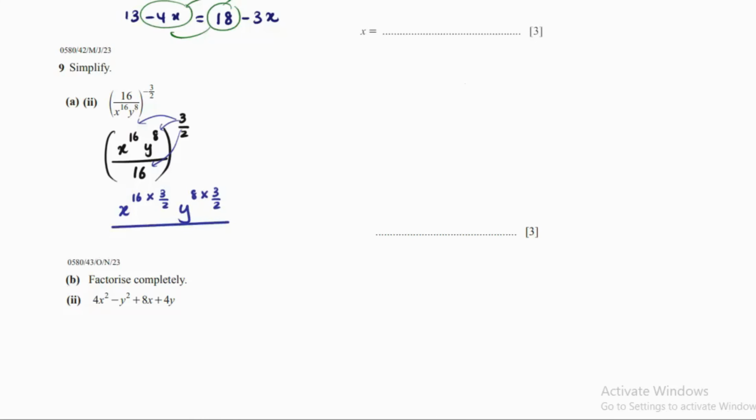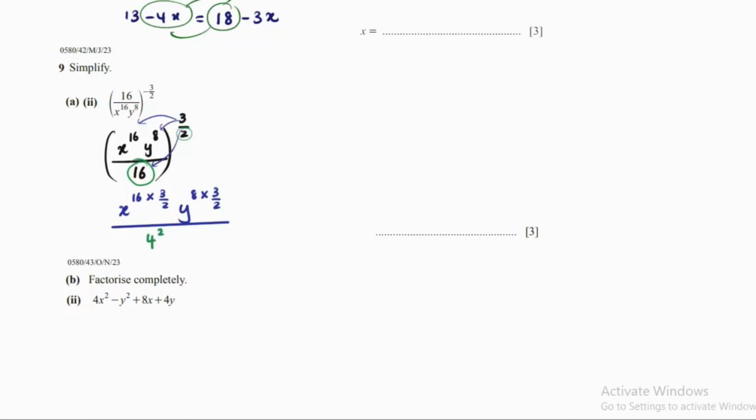But what I'm going to do is write this 16 so that it has a power of 2, because only then can I cancel it with the denominator of this fractional index. I can write this 16 as 4 to the power 2, because 4 squared is equal to 16.